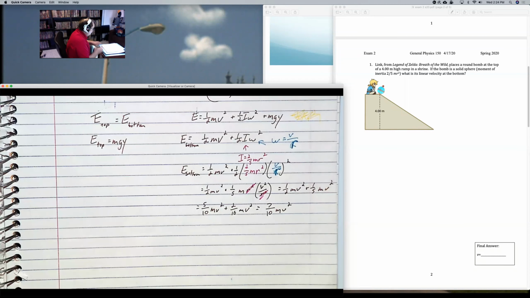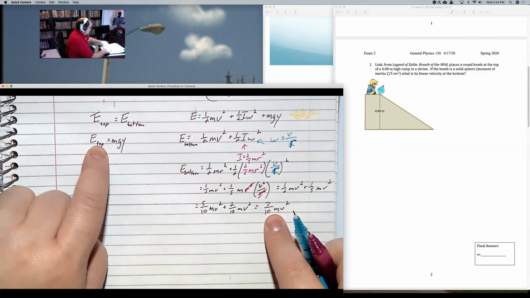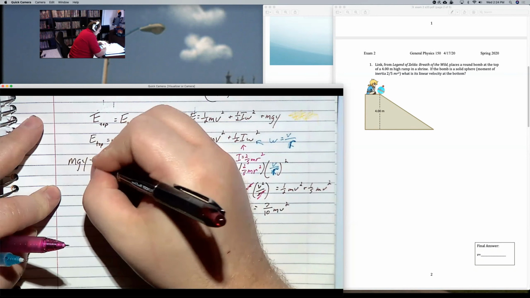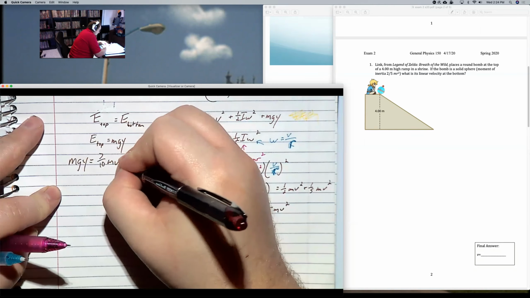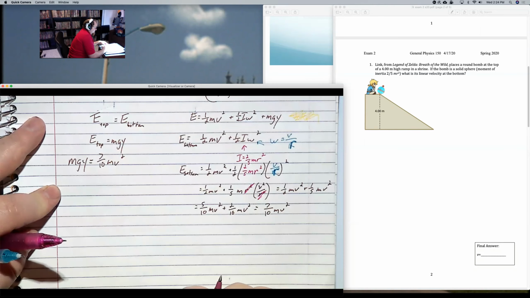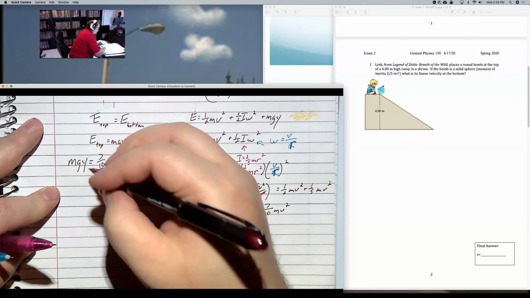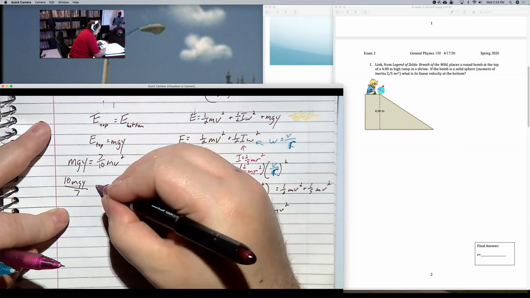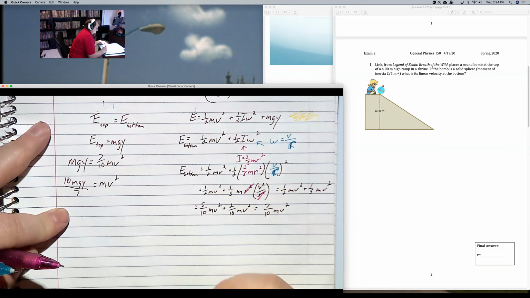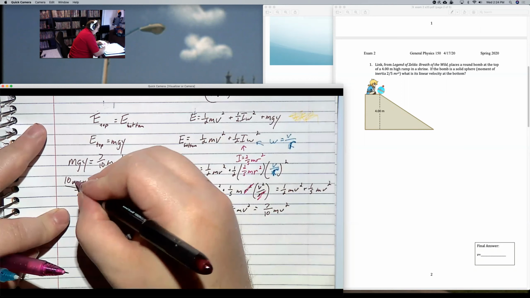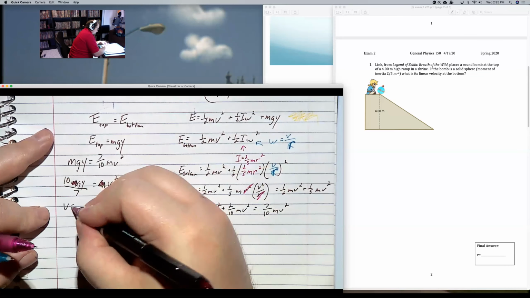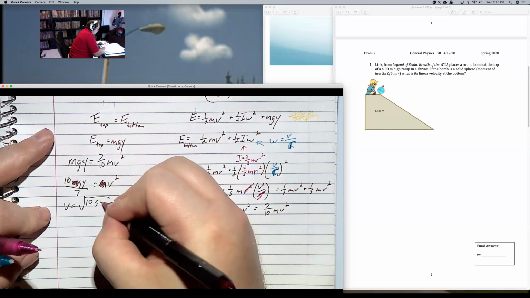Now I'll use conservation of energy. E top equals E bottom, or mgy equals 7/10 mv squared. I multiply both sides by 10, divide both sides by 7, and divide both sides by m. And I get v is the square root of 10gy over 7.